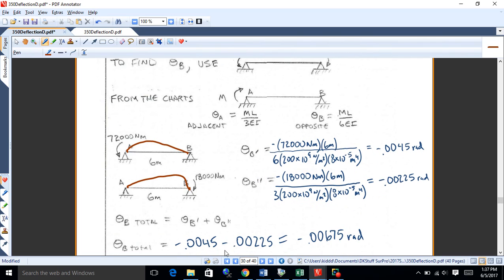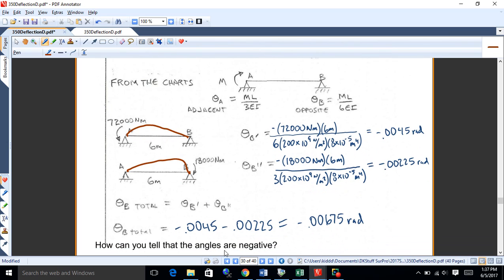So we'll just add those together and get the net slope, okay? And again, you just kind of visualize that couple and you should be able to get the direction of those angles if they're negative.